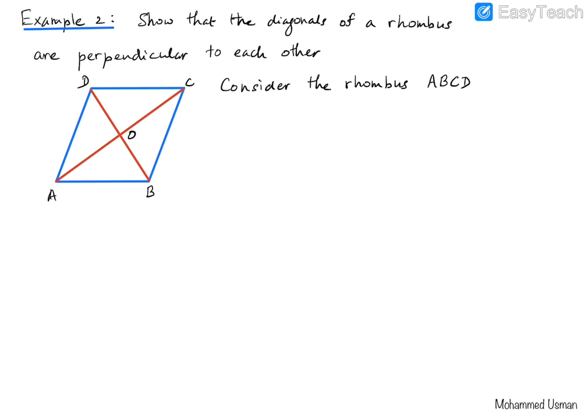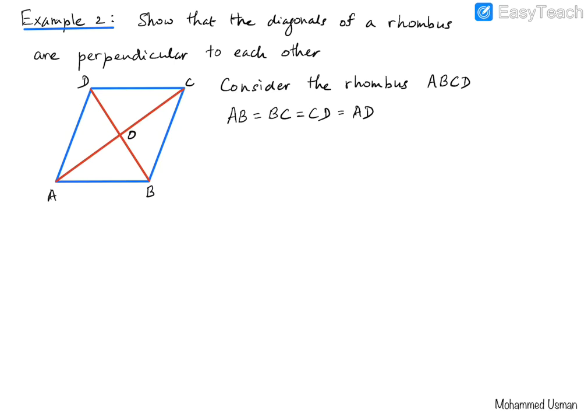That's what we need to show. Since it's a rhombus, all four sides are equal: AB equals BC equals CD equals DA, because a rhombus is a parallelogram in which all four sides are equal.